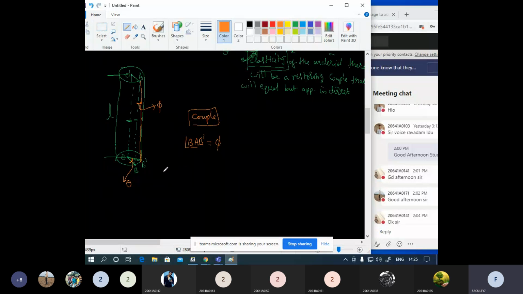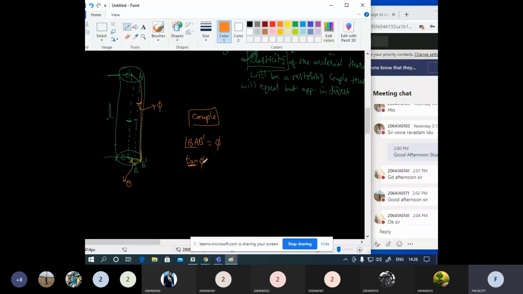Now if you redraw the diagram, you will get a right angle triangle between these. The tan theta, tan phi is not mentioned in your textbooks; it will directly be given, but you need to identify that there is tan.